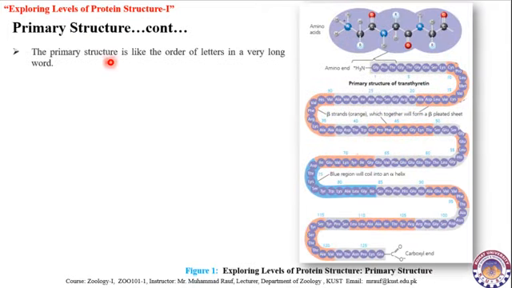The primary structure is like the order of letters in a very long word, just like this is a word where the letters are present. Similarly, the primary structure is a linear structure of amino acids.